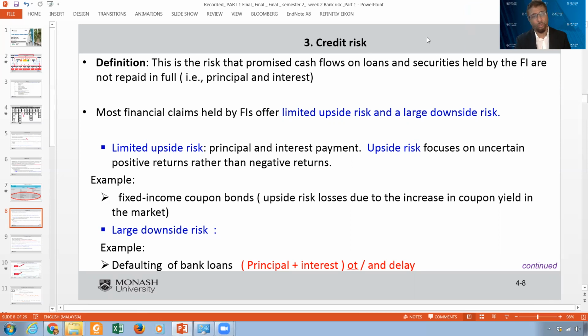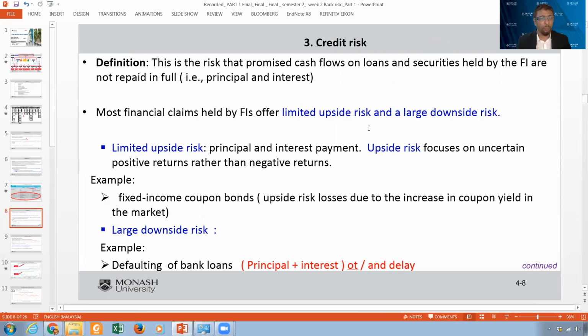So you give a huge loan, for example, to a business, and that business defaults. The definition of default covers three issues: either they don't pay you in time, or they don't pay you the interest, or the principal, or both. So delaying the payment is defaulting, and not paying part of the interest or the principal is credit risk.